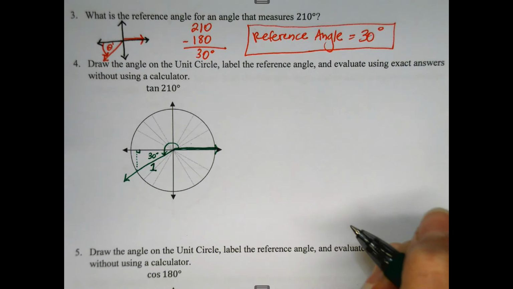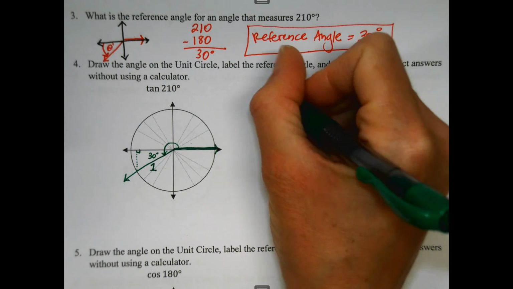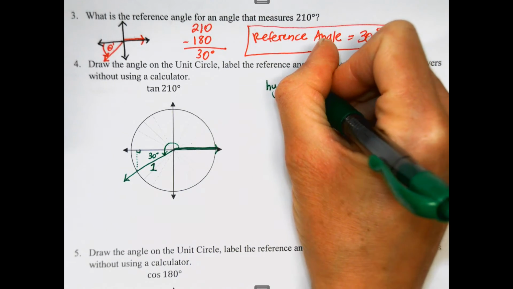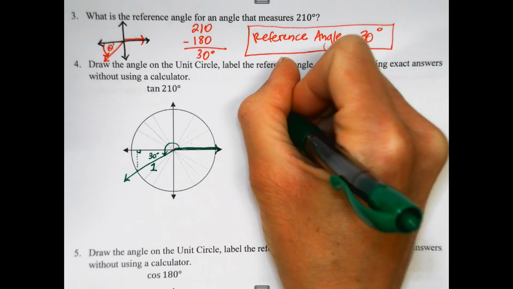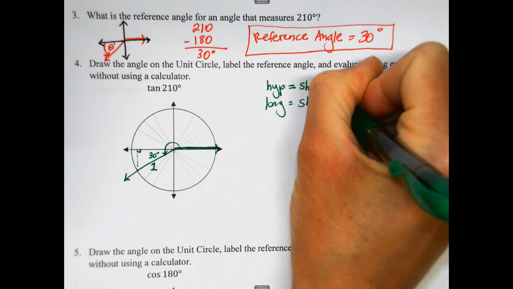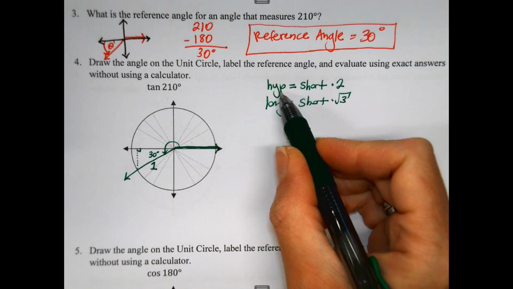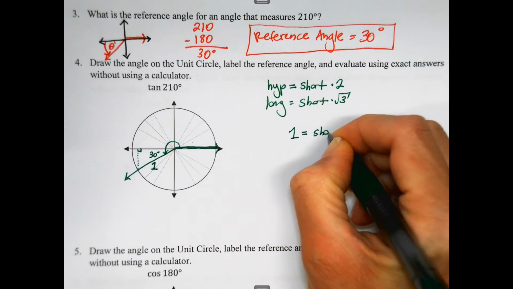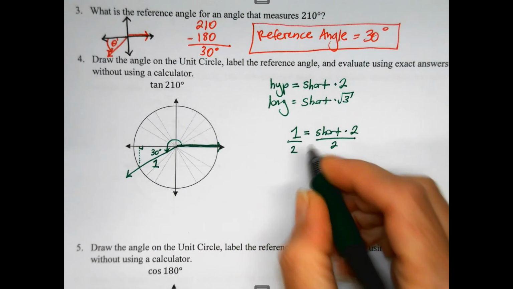Using our special right triangle rules, the hypotenuse is equal to the short leg times 2, and the long leg is equal to the short leg times the square root of 3. Therefore, if we know the hypotenuse is 1, our short leg would end up being 1/2.